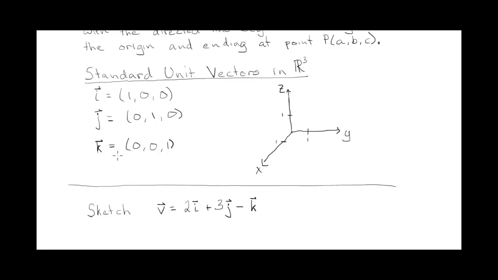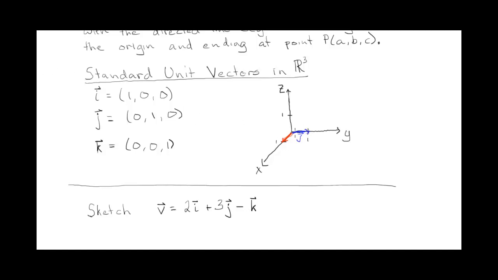and that will be the vector along the z-axis. So i is the unit vector starting at the origin going along the x-axis. j is along the y-axis, so that's j.